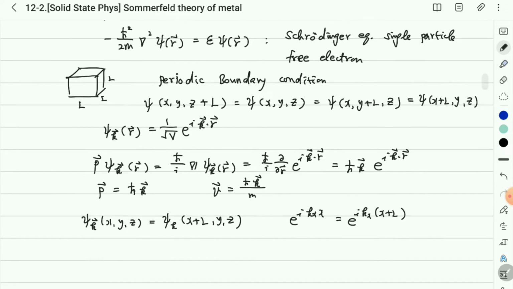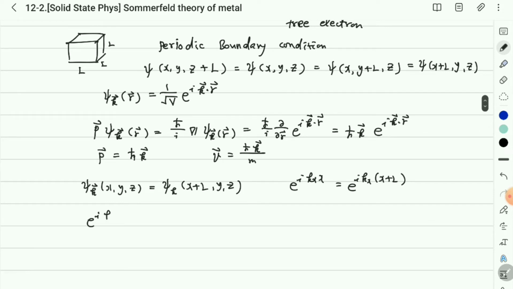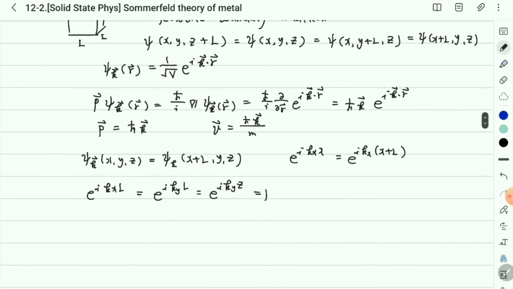It means that exponential i k_x L, likewise exponential i k_y L and exponential i k_z L should be 1. In other words, k_x L should be 2 pi n. Therefore k_x is 2 pi n_x over L, k_y is 2 pi n_y over L, and k_z is 2 pi n_z over L.